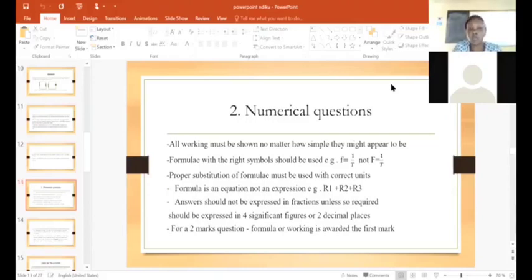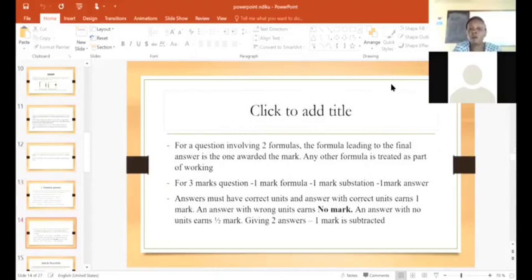When it comes to a question of 2 marks, the formula or the working is awarded the first mark, then the other mark goes to the answer. If we have a question involving 2 formulas, then the mark is awarded to the final formula or the formula leading to the answer, and then the other mark will go to the answer.